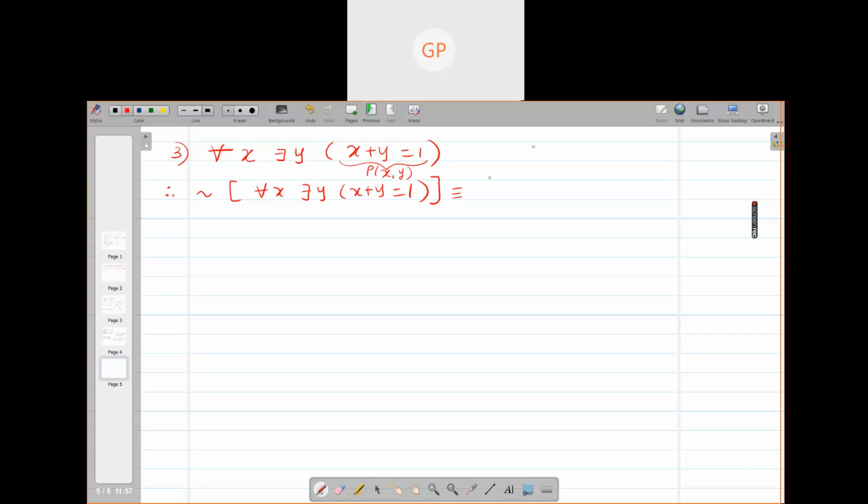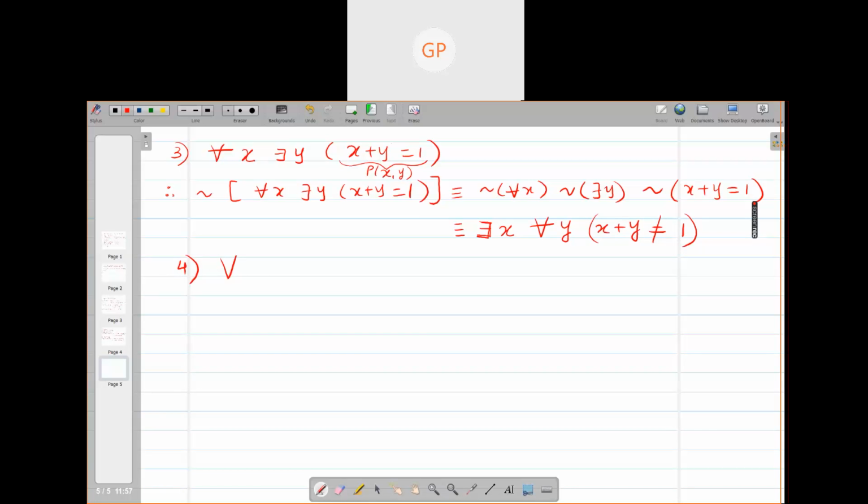So it will be negation of for all x, negation of there exists y, negation of x plus y equal to 1. What should be the answer? Negation of for all is there exists x. Negation of there exists is for all y. x plus y is not equal to 1. Correct. Very good.